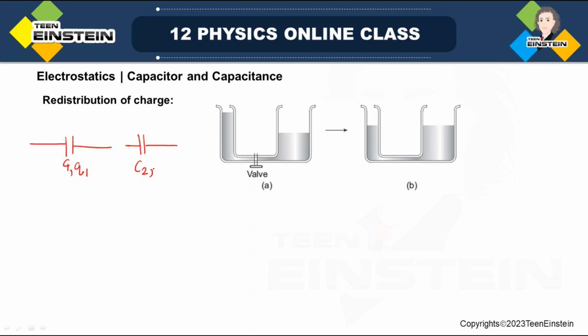So this has got C2 and Q2 is the charge stored in it. Now, if we connect these capacitors in parallel, okay, if we connect these two, then what will be the common potential?